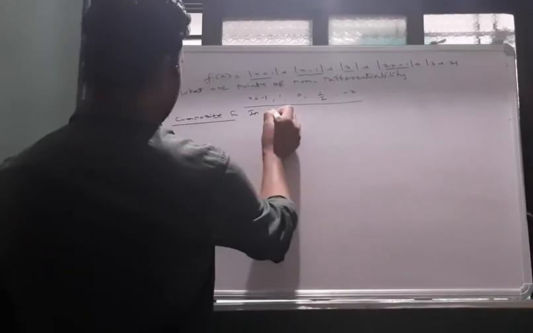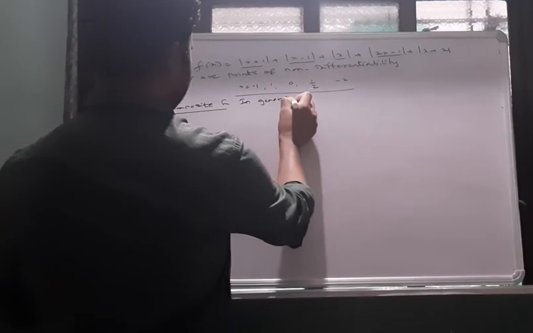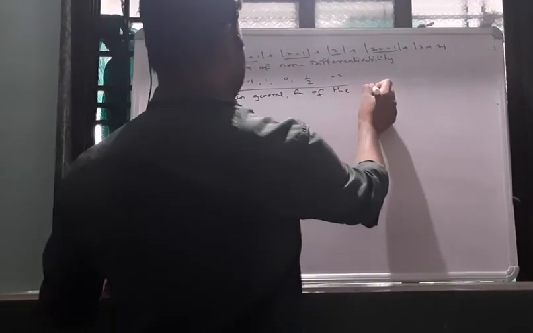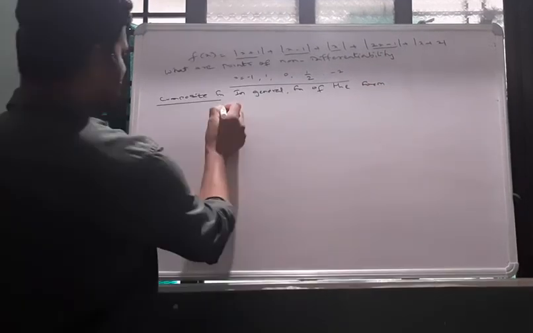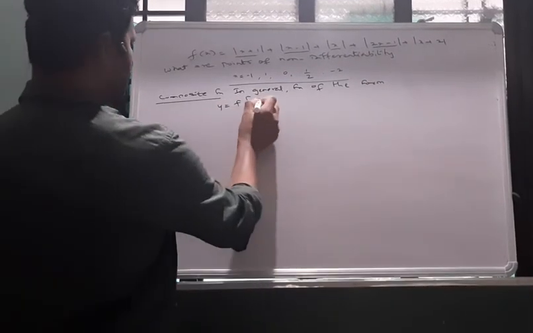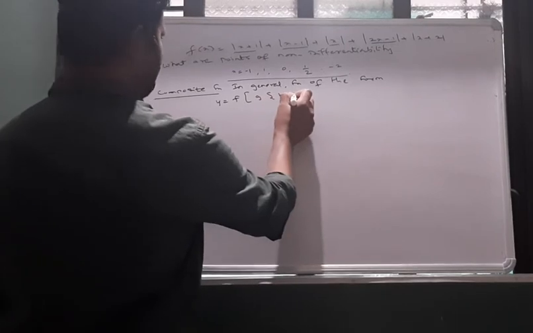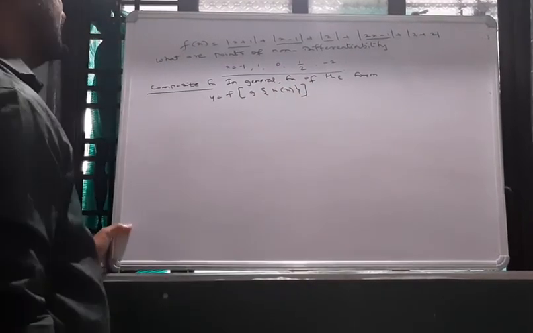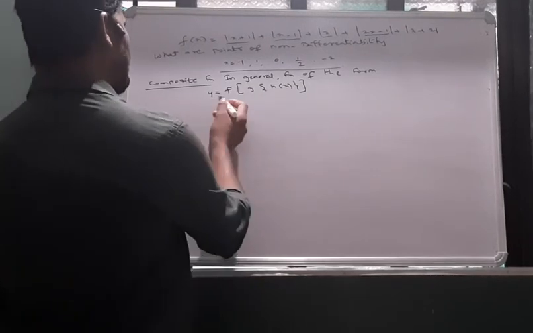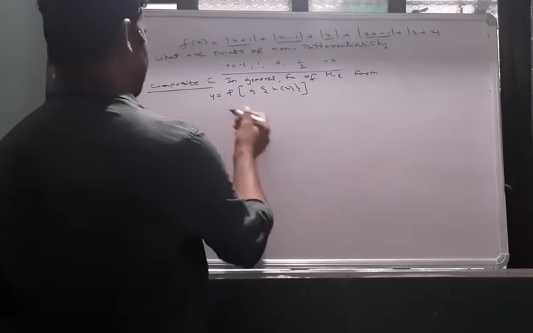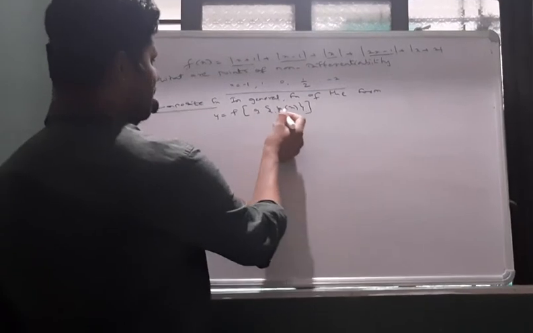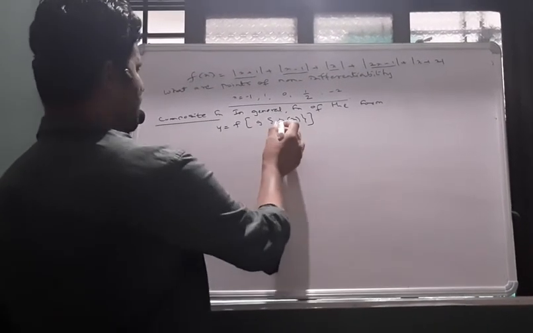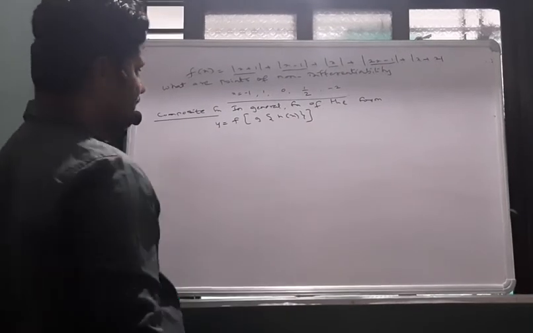In general, I will take a function of the form y equal to f of g of h of x. Now see, y depends on g of h of x. G of h of x depends on h of x, and h of x depends on x.